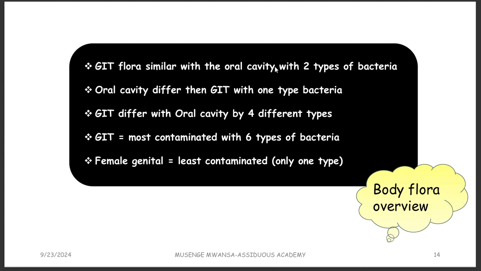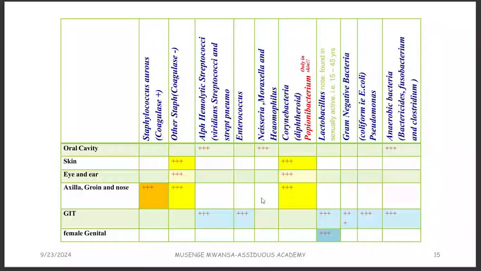The oral cavity is different from the GIT by one type of bacteria, and the GIT differs from the oral cavity by four different types. Meaning that in the GIT you have four types that are not in the oral cavity. In the oral cavity you have one that is not in the GIT, but two are found in both. The GIT is most contaminated, with six types of bacteria. The female genital tract is the least contaminated, with only one type of bacteria.